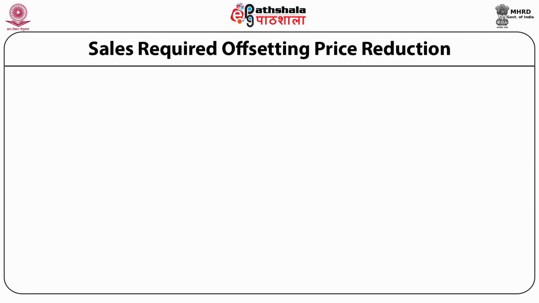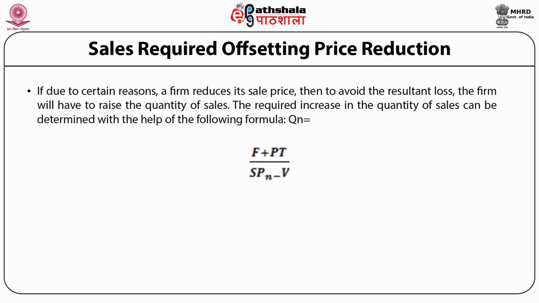Break-even analysis also helps companies to decide to increase the level of sales in case the company has to reduce its price. If due to certain reasons the firm reduces its selling price, then to avoid the loss, the firm will have to raise the quantity of sales. In order to find the required quantity of sales, we can use the break-even point formula to find the required number of units to be sold so that the company can maintain the same level of profit.